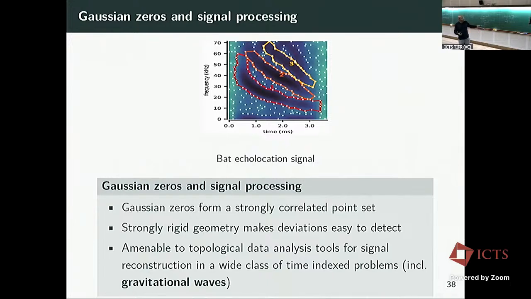And this allows us to do signal detection as well as signal reconstruction in a wide class of time-indexed problems, in particular in the setting of gravitational waves, because this is known to be a very challenging signal processing problem, and even just to detect gravitational waves is hard. There are competitions held for coming up with new methods to crunch gravitational wave data and just to detect signals.